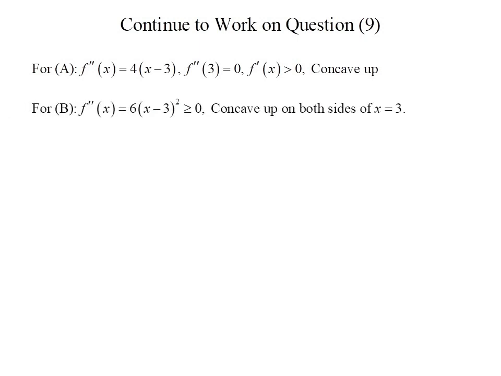Here we continue to work on question 9 by checking all the 5 given derivatives. As for A, since its second derivative equals 4 times (x minus 3), which changes sign after passing the point x equals 3, the function has a point of inflection at x equals 3. For B, since its second derivative equals 6 times (x minus 3) squared, which is greater than or equal to 0, the second derivative doesn't change sign at any point, so the function curve has no point of inflection.